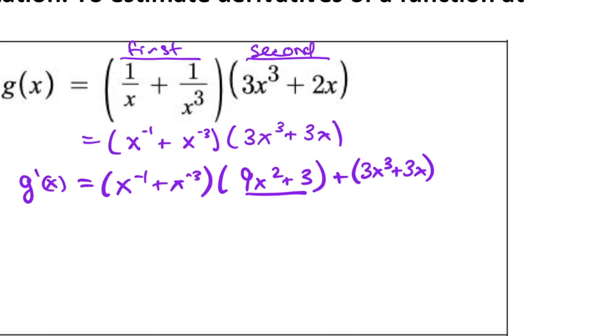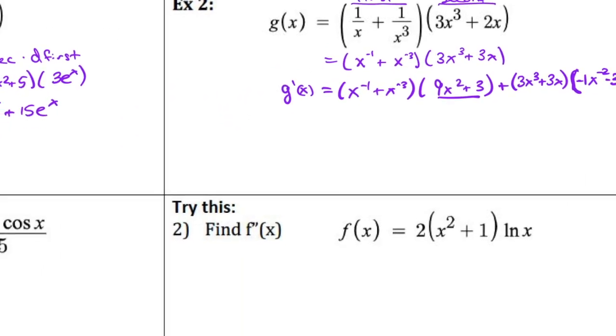And the first expression will be negative 1 x to the negative 2 minus 3x to the negative 4. Now, simplifying this expression does not seem to be a good use of our time, so we're going to go forward with example 3.